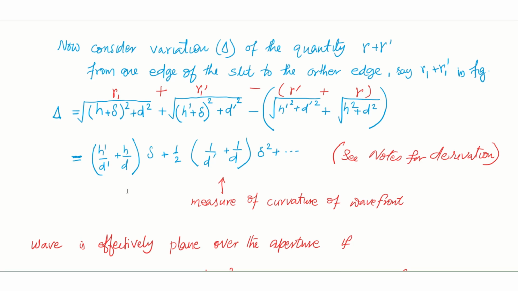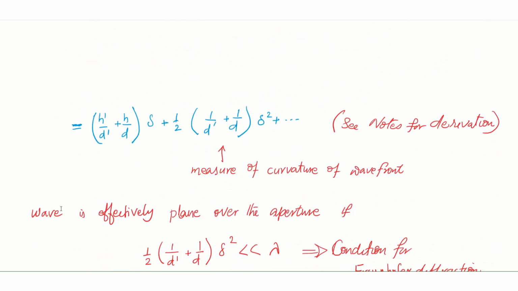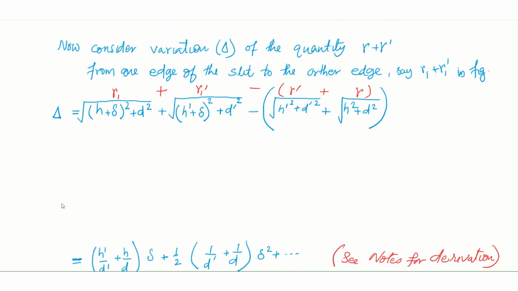If you just take d out, the first thing you can do, from the first term, take d squared out, that is d outside the square bracket: 1 plus h plus delta over d, whole squared.